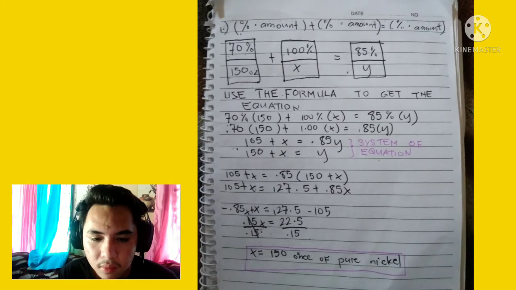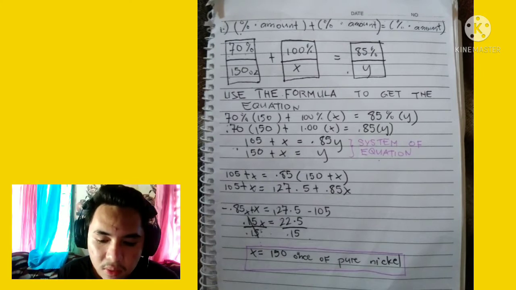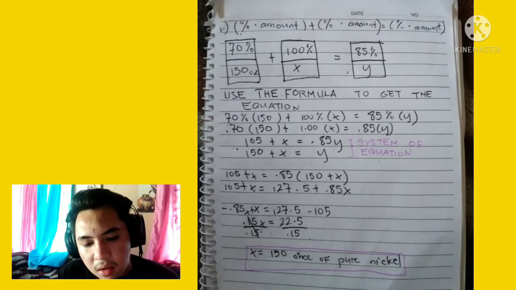And now we solve, so we will get 105 plus x equals 0.85y. And now we copy this: 150 plus x equals y.